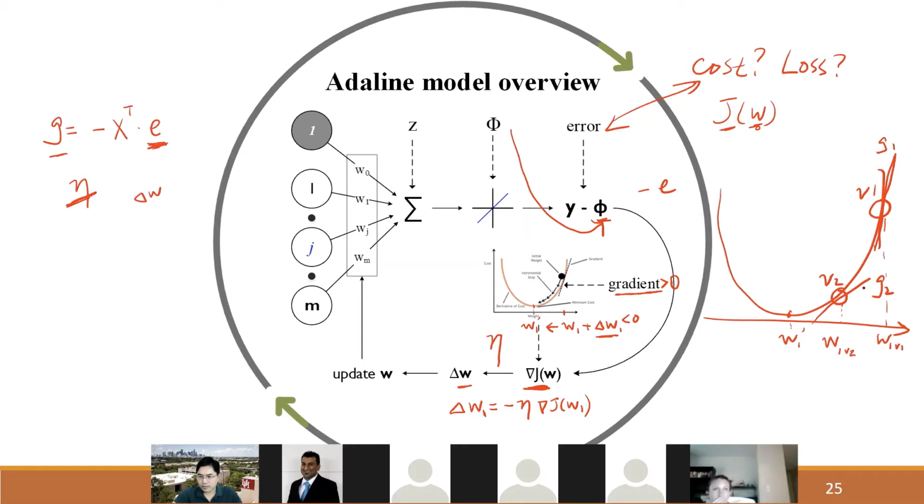Gradient bigger means slope is steeper. So that's version 1, actually. Anyway, the version 1 slope is steeper. That means G1 is bigger. The other slope is not as steep, so it's a smaller gradient.